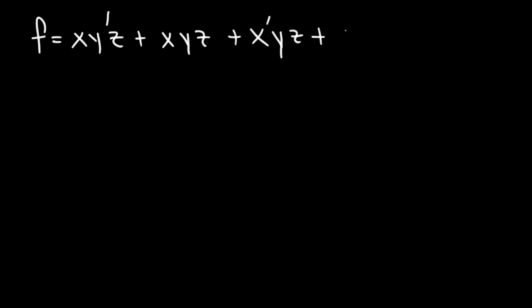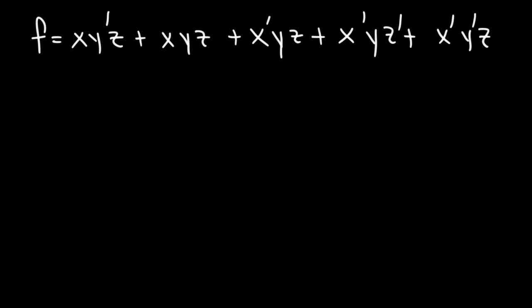Consider the function f, which is x y prime z plus xyz plus x prime y z plus x prime y z prime, and then plus x prime y prime z.